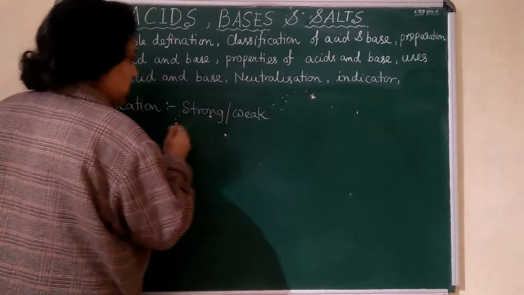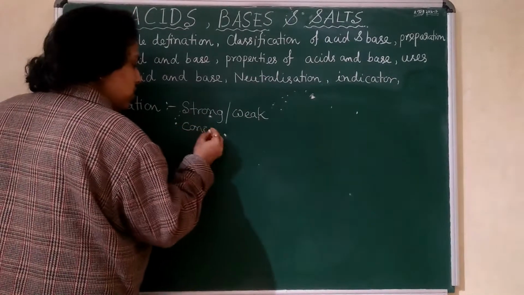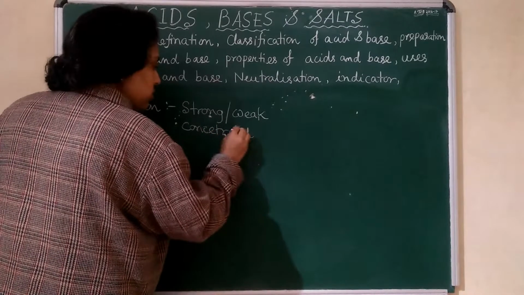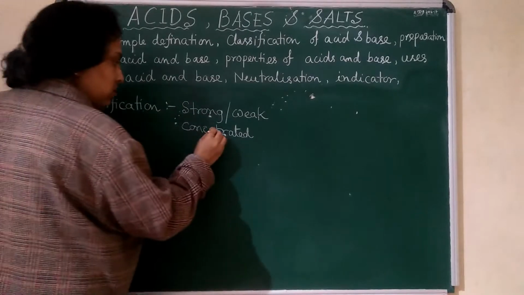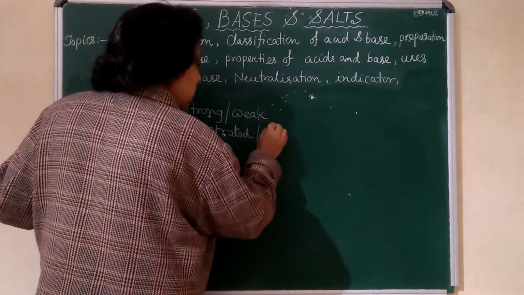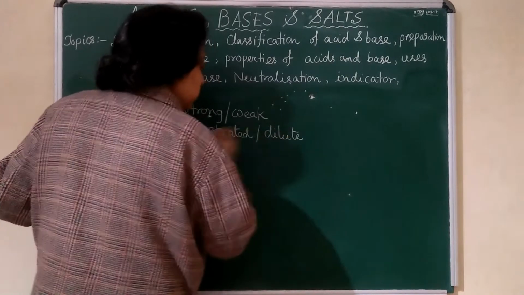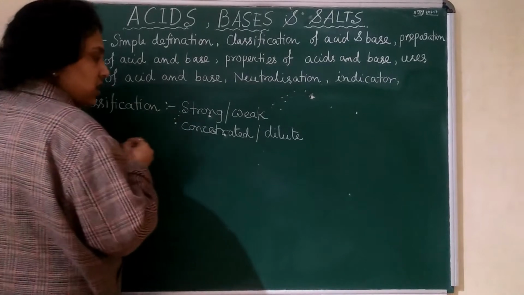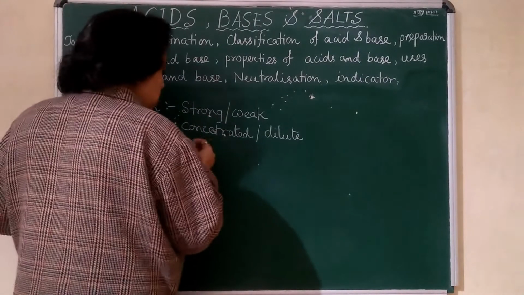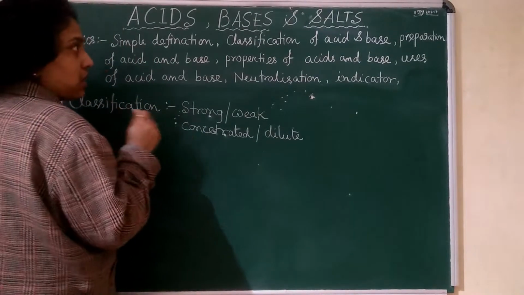Strong acid, weak acid. Then whether it is concentrated or dilute. Concentrated acid or dilute acid, concentrated base, dilute base, based on what we are concluding. Okay, so that you have to understand.